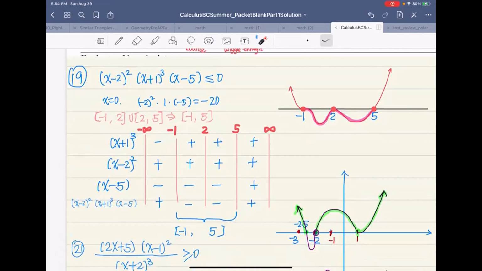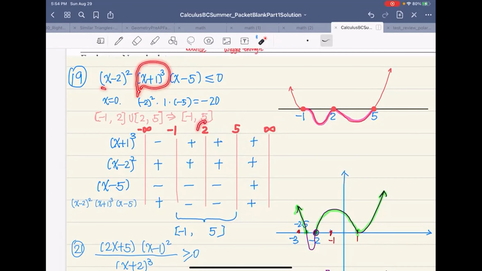Look at here. When x is bigger than 5, when x is between 5 and infinity, positive, positive, positive, of course. This is positive. Your product is positive. When x is less than 5, bigger than 2, say here, x plus 1.